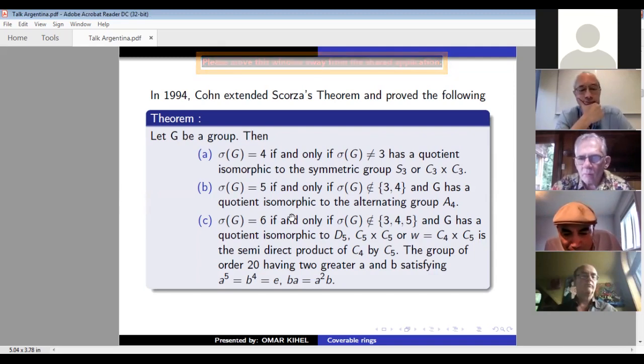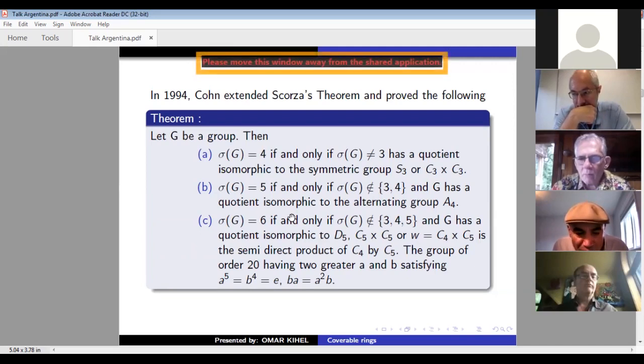For 5, it's completely different. Sigma G equals 5 if and only if sigma G is not 3 or 4, and G has a quotient isomorphic to something completely different, the alternating group A4.